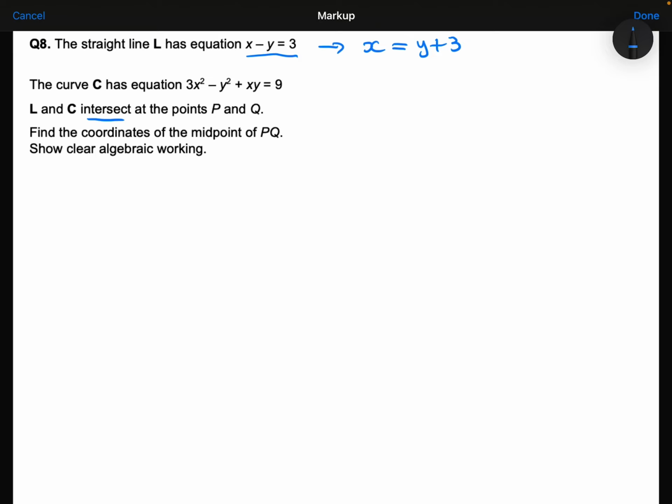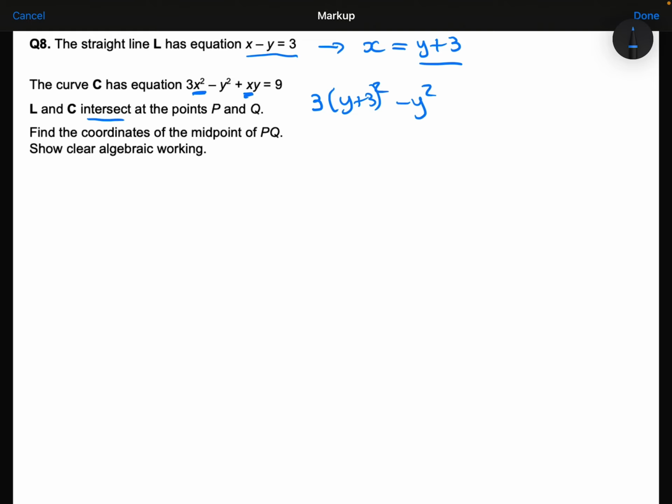So if x is the same thing as y plus 3, I can substitute y plus 3 into here instead of the x, and here instead of the x. So this equation is going to give me, instead of the 3x squared, 3(y plus 3) squared.